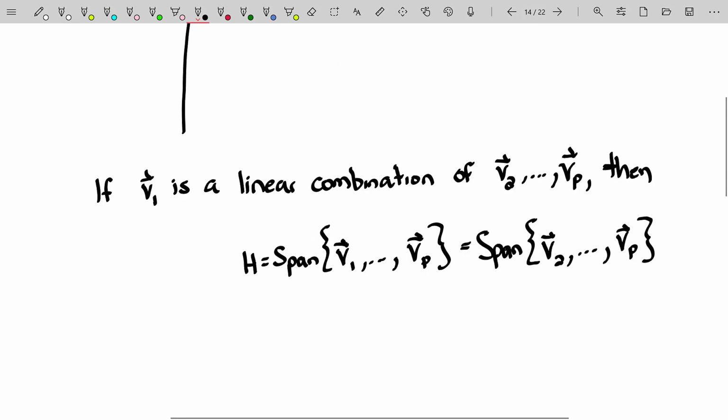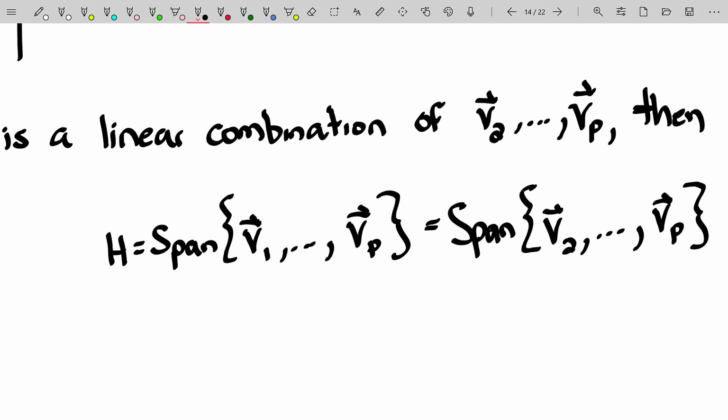So let's suppose that we removed V sub 1, because it was a linear combination of all the previous vectors, and we take a look at V sub 2 through V sub P, and we find out, hey, wait a second, V sub 5 is a linear combination of all the other vectors.